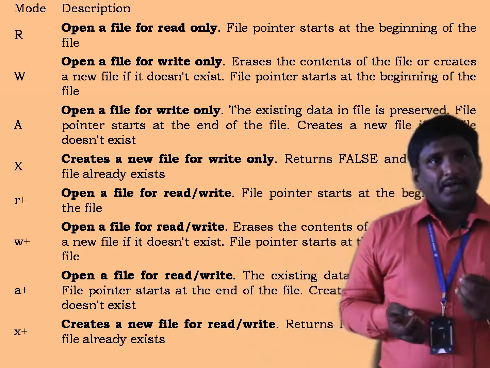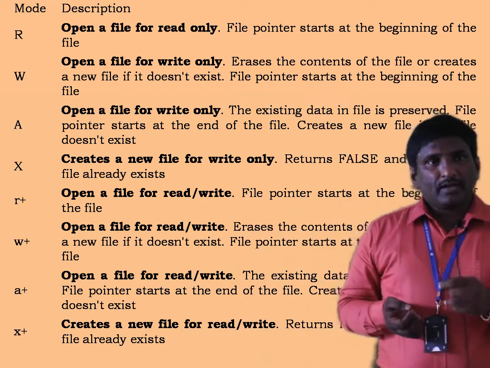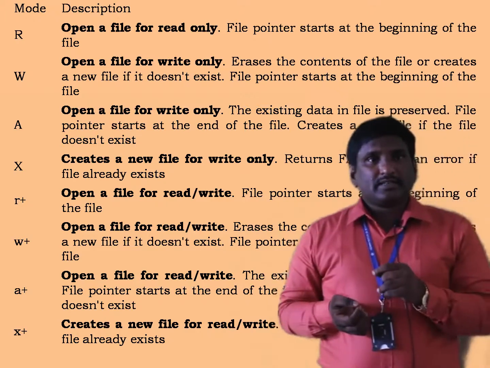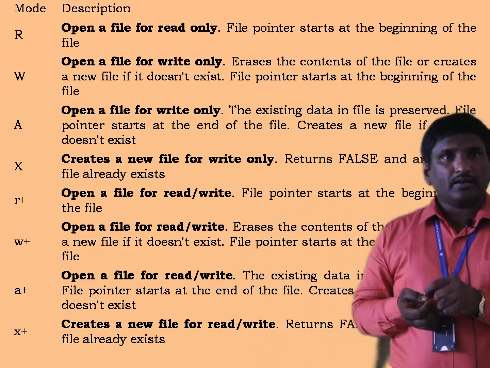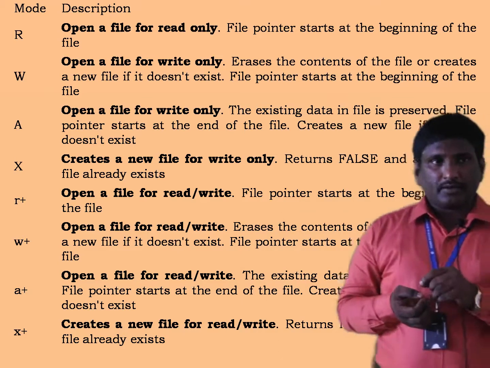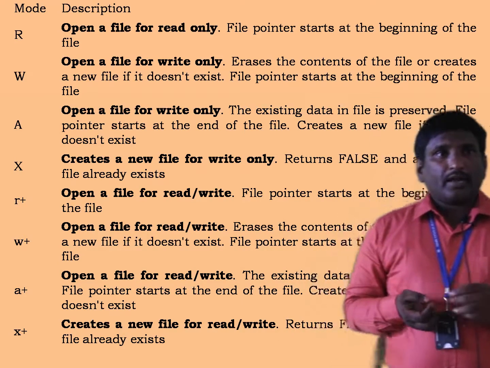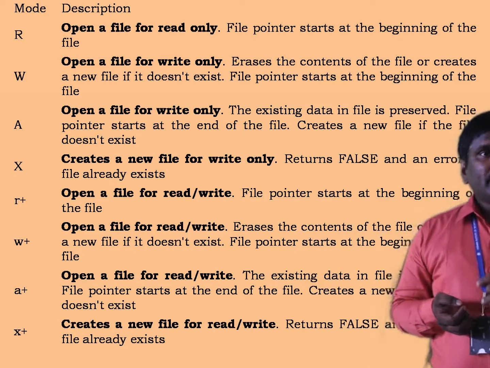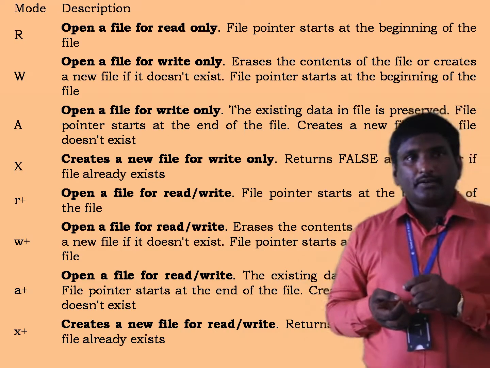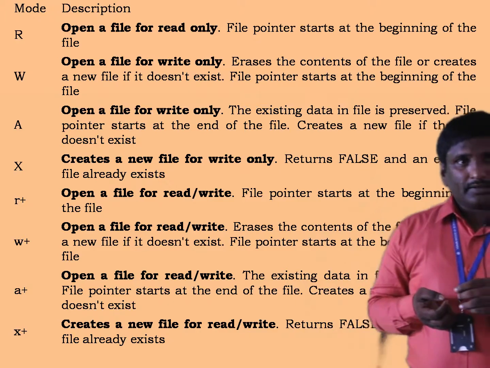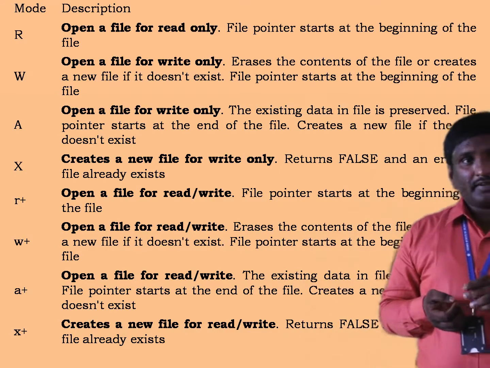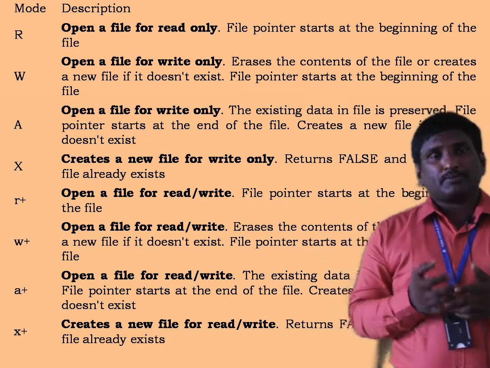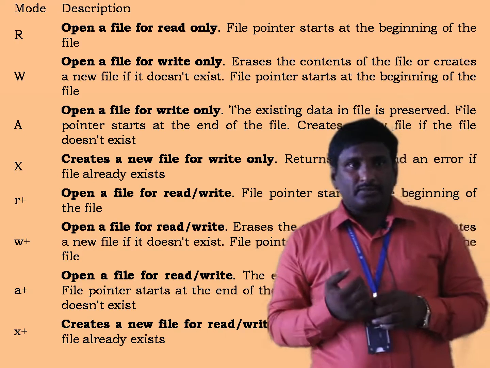If you specify a plus, it opens a file for read or write. The existing data in the file is preserved, the file pointer starts at the end of the file, and it creates a new file if the file doesn't exist. Okay, and if you specify x plus, it creates a new file for read and write. It returns false when the file already exists. In this way, we are specifying the modes of the files.